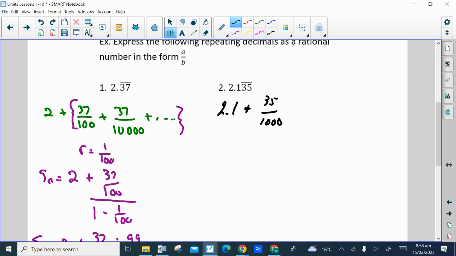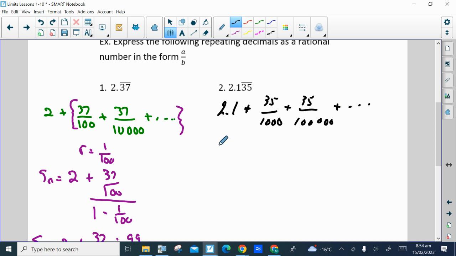So to get that number, which would be as a decimal 0.035, it's 35 over 1,000. But because there are 2 digits that are repeating, each term will be 35 over 2 more zeros than the last one. So the last one had 3 zeros, the next one would have 5 zeros. It would be 100,000, and so on.